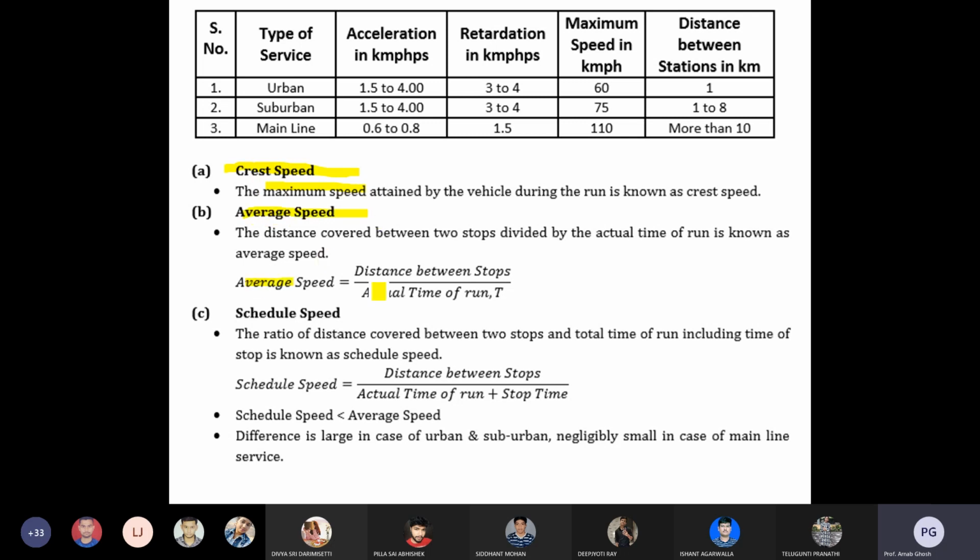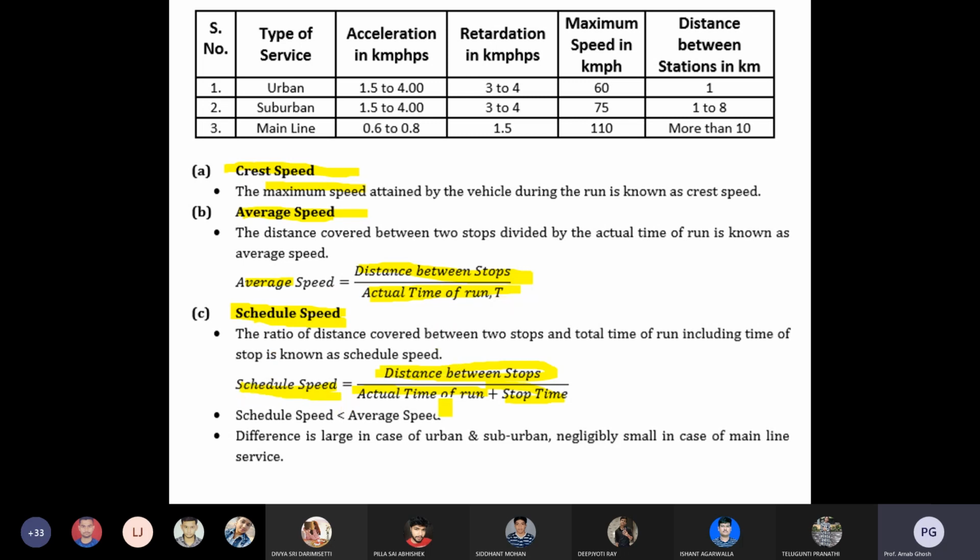Average speed means total distance between the stops divided by actual time of run, meaning how much time, the duration. Schedule speed means total distance between the stops divided by actual time of run plus stop time, meaning how much time you are waiting there. In average speed the denominator is less compared to schedule speed.